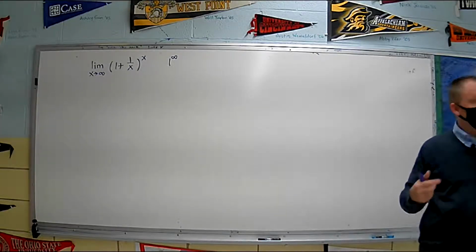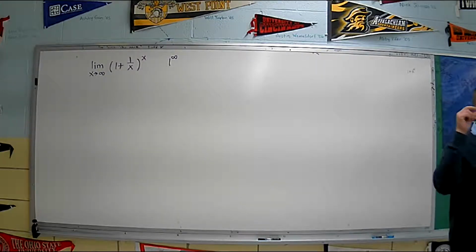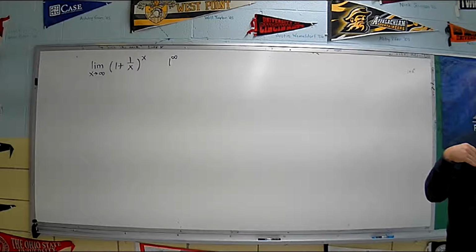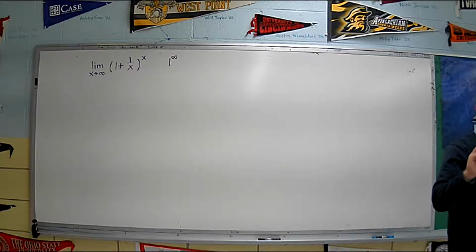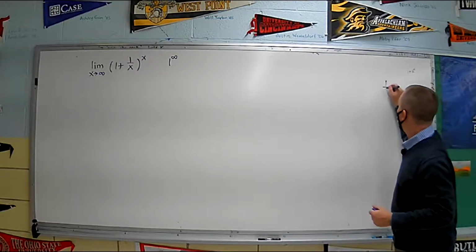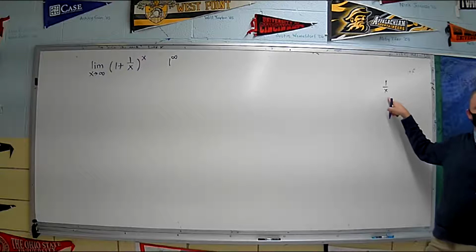But with 1 over x, it will be very helpful for you if you can tell me that 1 over infinity goes to 0, and 1 over 0 goes to infinity. If x is approaching infinity, 1 over x goes to 0.